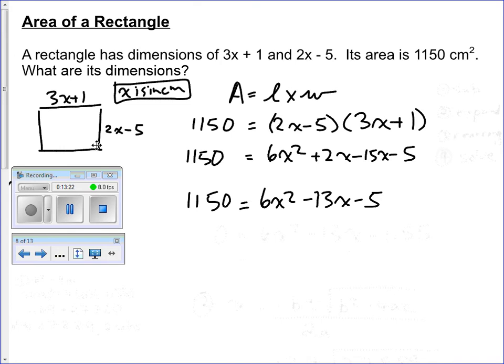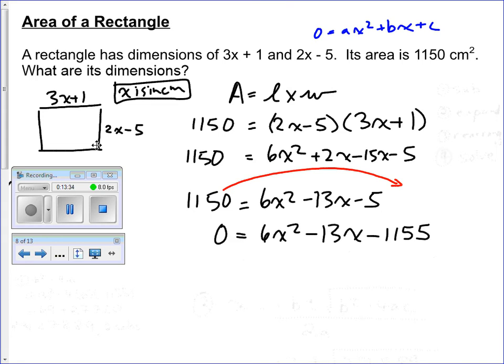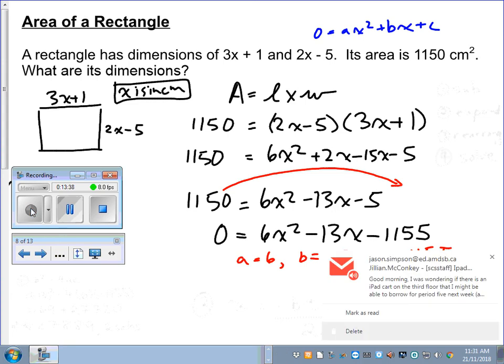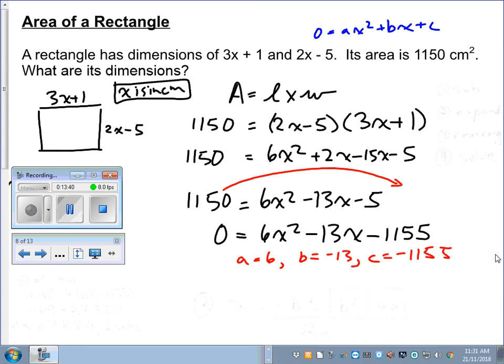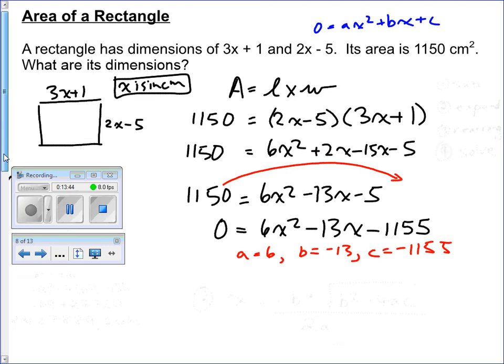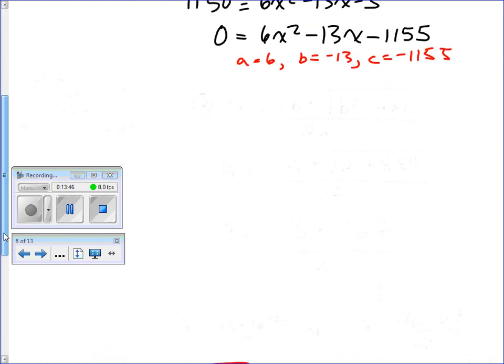And then we want it to look like 0 equals ax squared plus bx plus c. So we need to move the 1150 over to the other side. So now we're left with this. Substitute. Once we've identified a, b, and c, you need to go and calculate your quadratic formula.